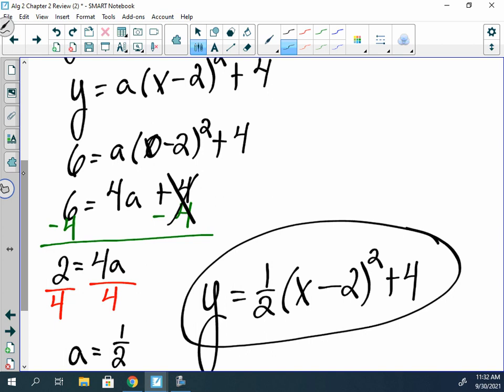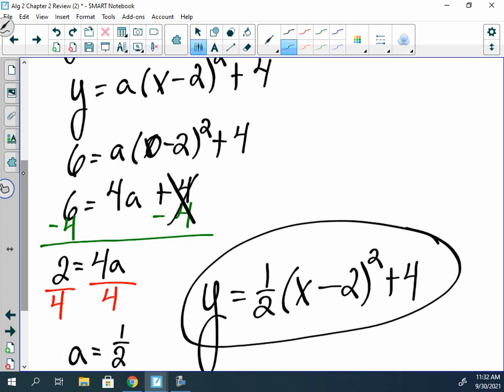Mm-hmm. 0 minus 2 is -2. -2 squared is 4. Because -2 times -2, the negative and negative make a positive. So then we subtracted 4 to get a by itself, 4a. So why do we put the 4 in front of the a?